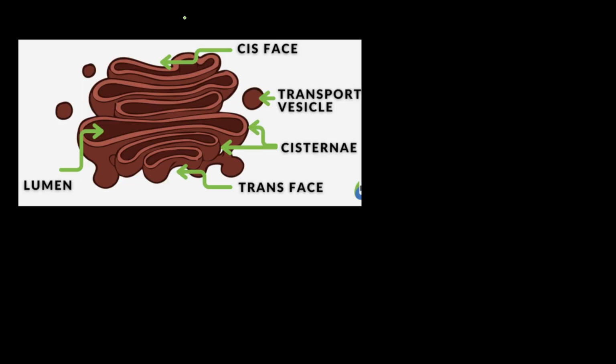First of all, we will discuss the morphology of Golgi body. I have attached a well diagrammed structure of Golgi body. You can draw this first in your answers. When you see the structure of Golgi body, you will find a series of flattened membrane bound sacs.